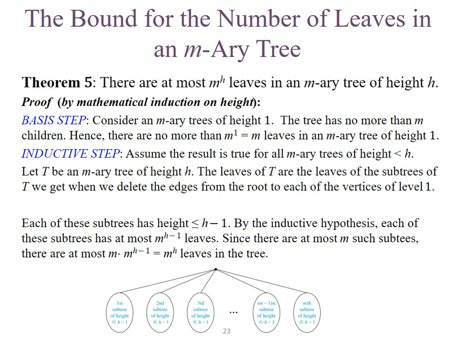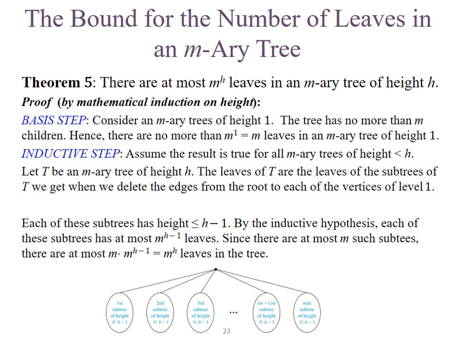Next, let's see the inductive step. Assume it is true for all m-ary trees of height less than h. Which means if we have height h minus 1, then at most we will have m to the power of h minus 1 leaves. We assume this is true. It will be our inductive hypothesis. Next, let T be an m-ary tree of height h.